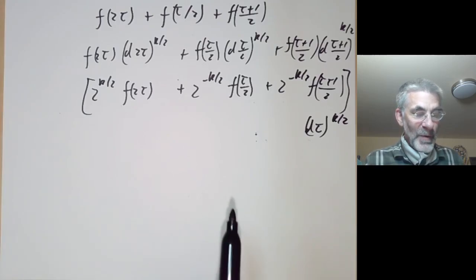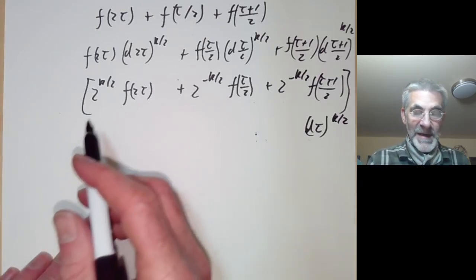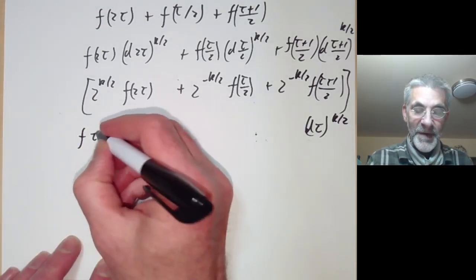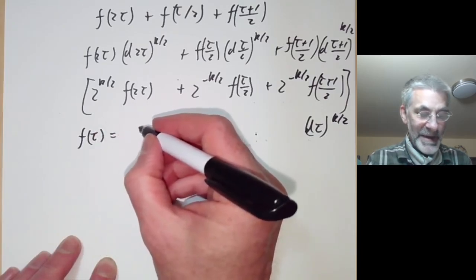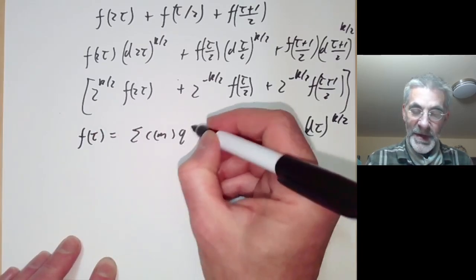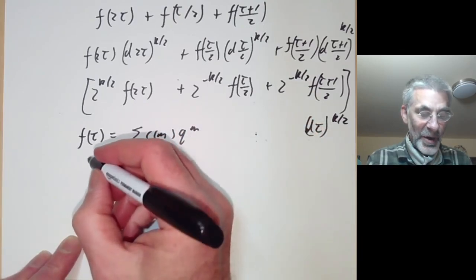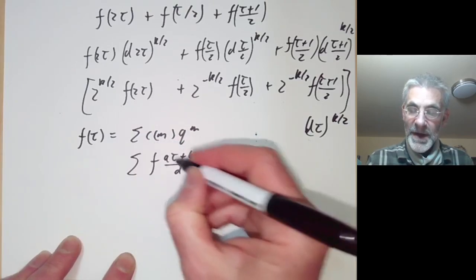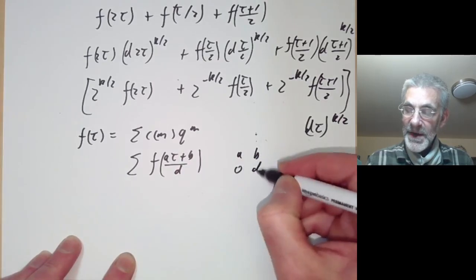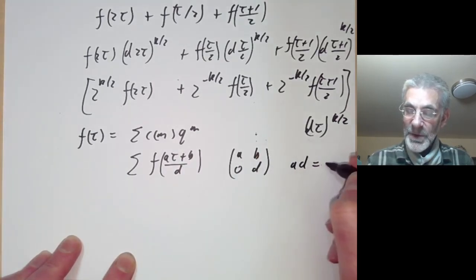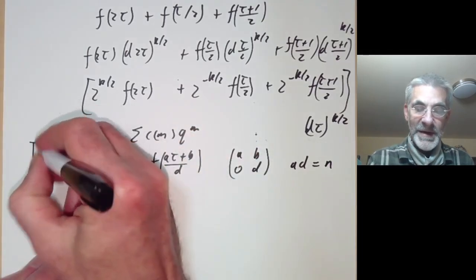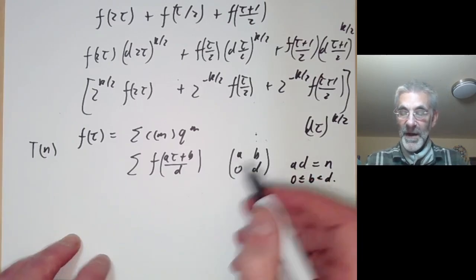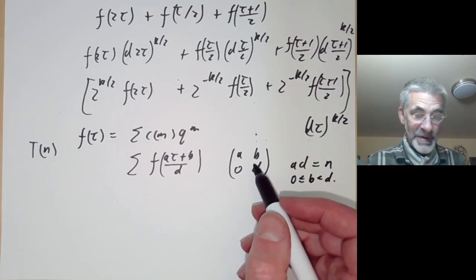Of course, we can do the same thing replacing 2 by any integer n, and what happens if we work out the details is this. If we have a function f of tau which is, say, the sum of c_m times q to the m, the Hecke operator is given by the sum of things f of (a tau plus b) over d, where the matrix (a, b, 0, d) has the properties that ad is equal to n, since we're looking at the Hecke operator Tn, and 0 is less than or equal to b is less than d, because this was a set of coset representatives for determinant n matrices.